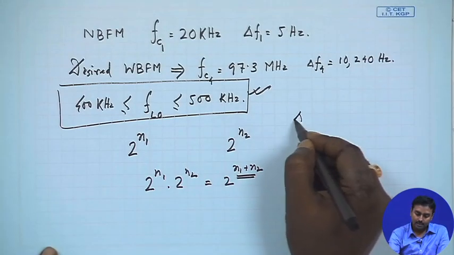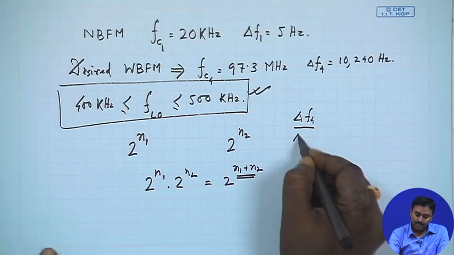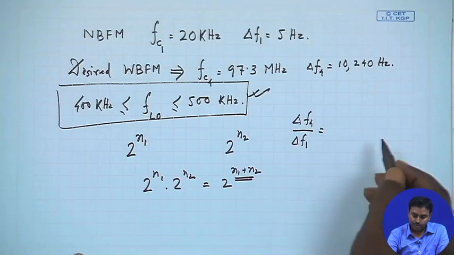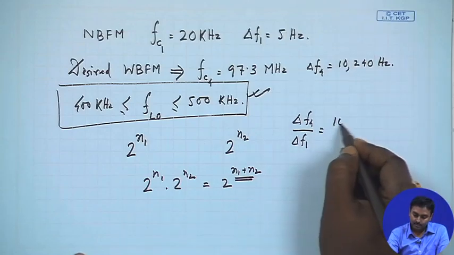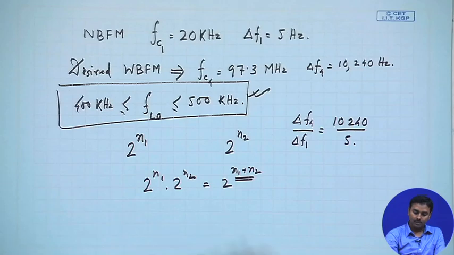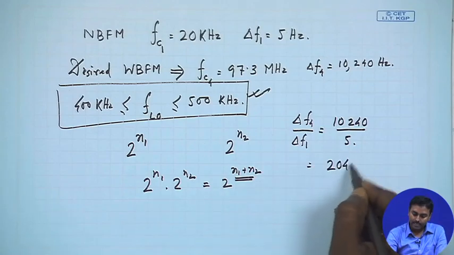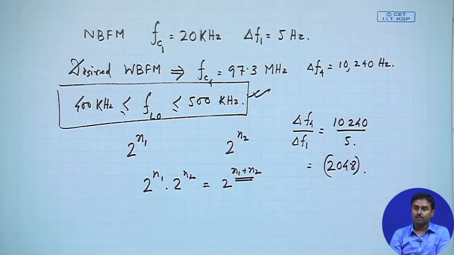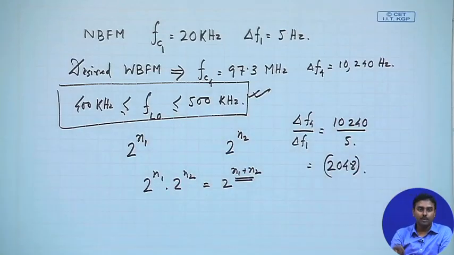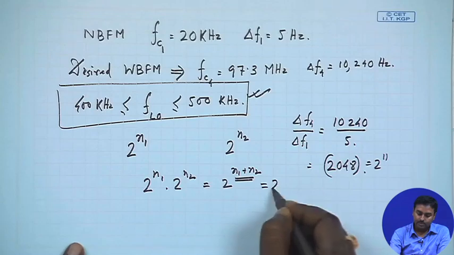Del f4 divided by del f1, that must be the overall multiplication, because this is the multiplication available to us. That becomes 2048, which is 2 to the power 11.